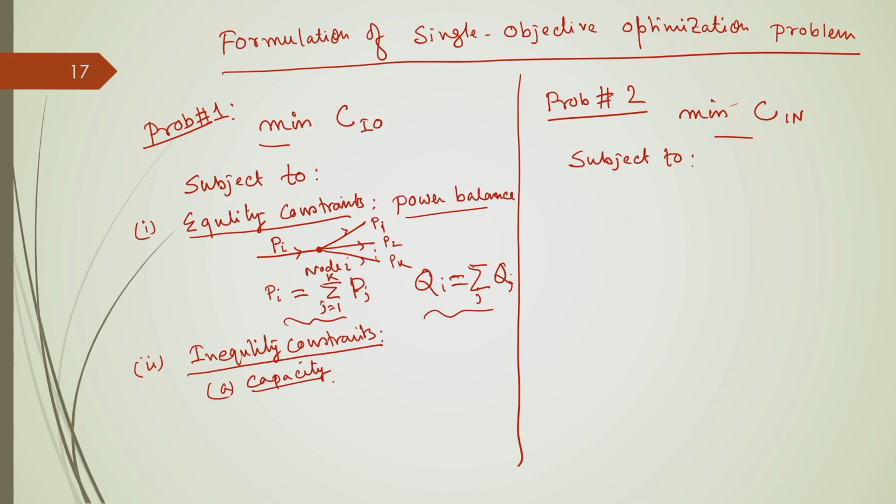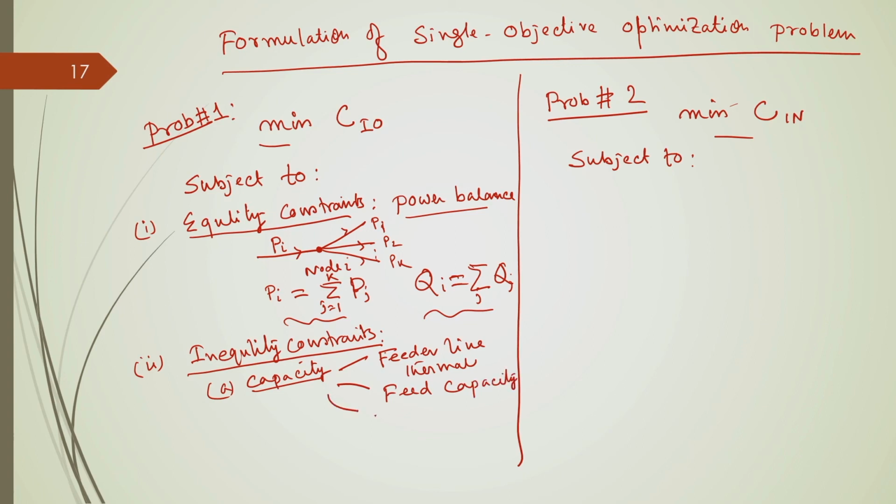That means, for any feeder, these capacity constraints are of two types. One is called the feeder line thermal constraint, another is called the feeder capacity constraint.